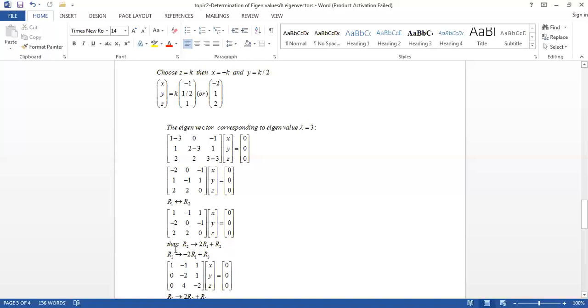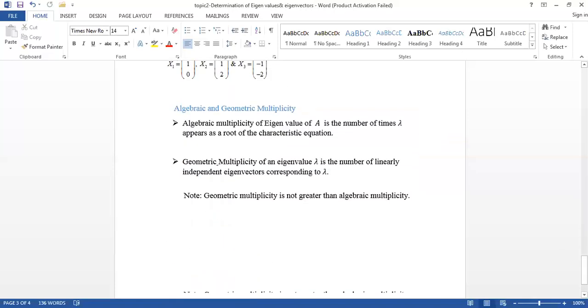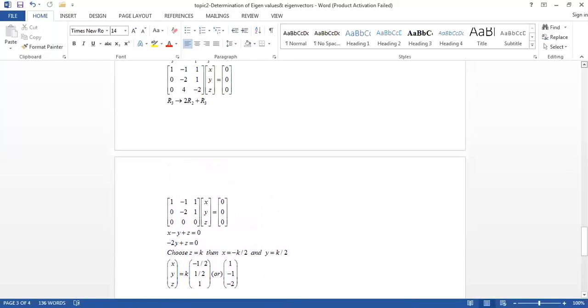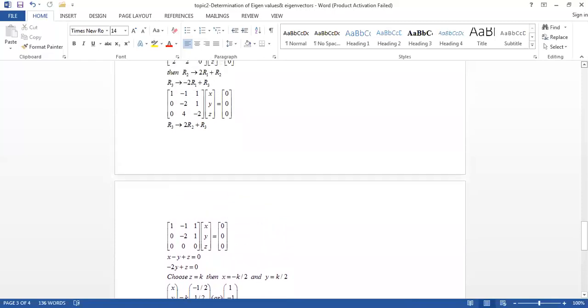So R2 becomes 2R1 plus R2, and R3 becomes R3 minus 2R1. This gives (1, minus 1, 1), (0, minus 2, 1), (0, 4, minus 2).